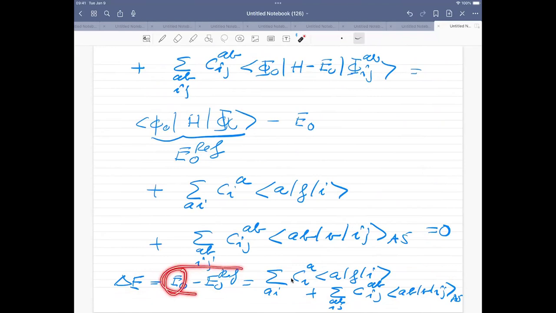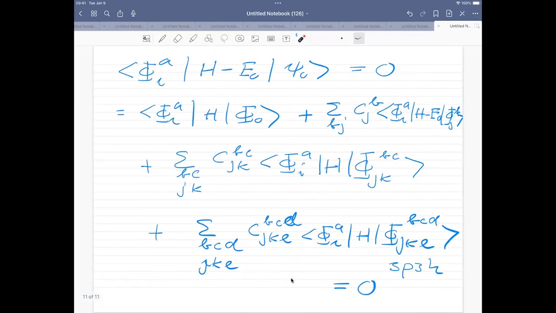This difference is normally called the correlation energy. You will see in many-body perturbation theory this is slightly different, because then this E0 ref is not going to include the interaction piece. Here, this includes the two-body interaction as well. But these are just slight modifications.